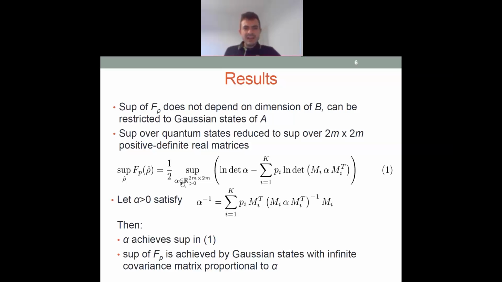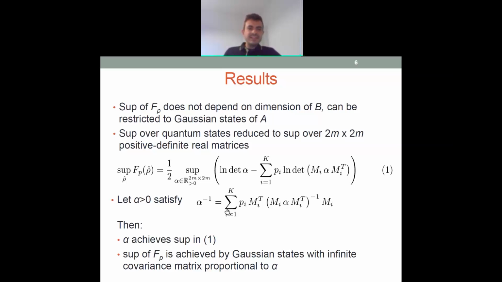Moreover, we have also shown that all the local optima, all the local stationary points of this new function defined on matrices, are actually global maxima for the function. So we can write the stationary point condition in this form.